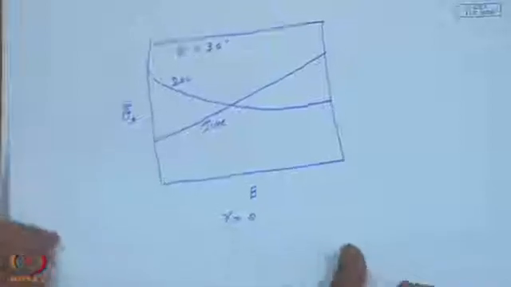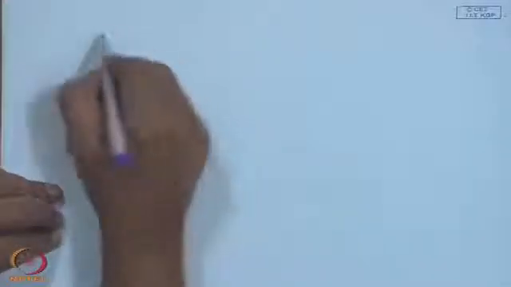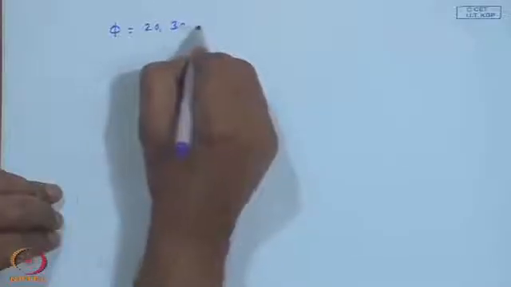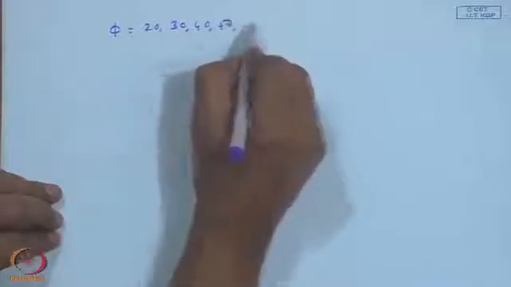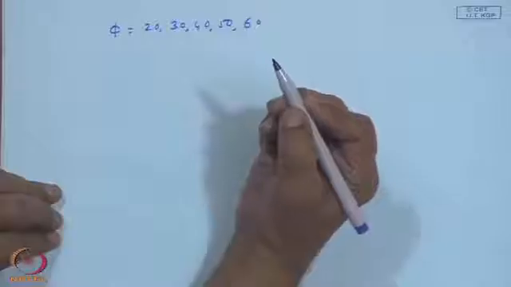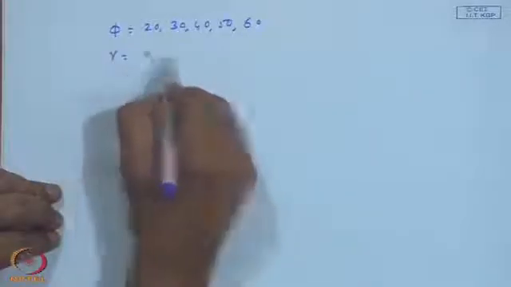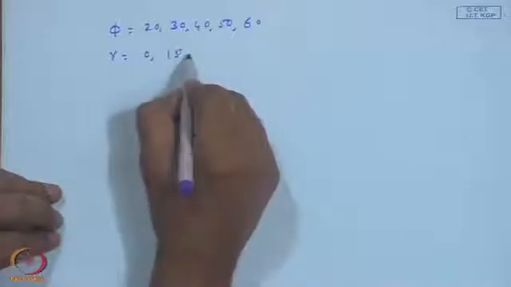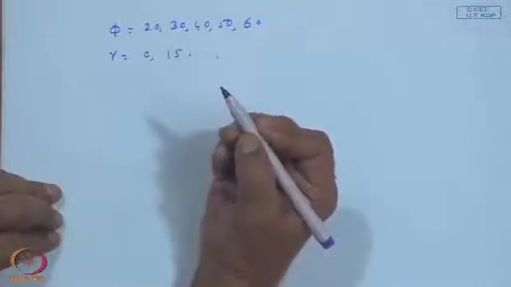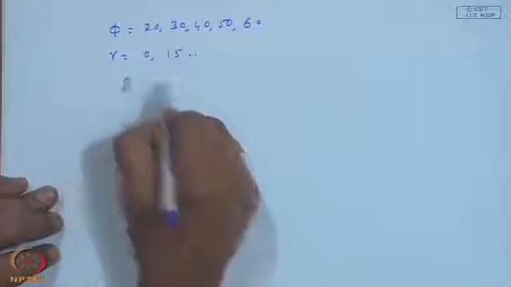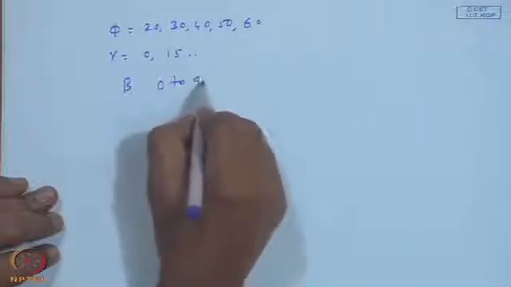So, you have several plots for phi is equal to 20, 30, 40, 50 and perhaps 60 and 70 also. Similarly, gamma is equal to 0, 15, so on and so forth, and the beta 0 to 90 degrees.